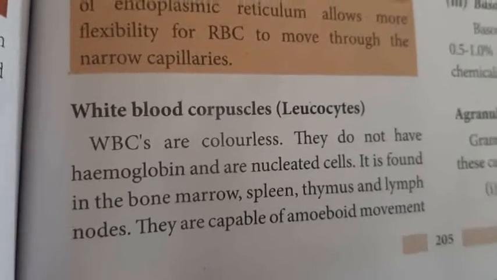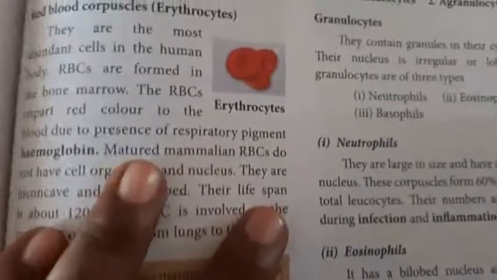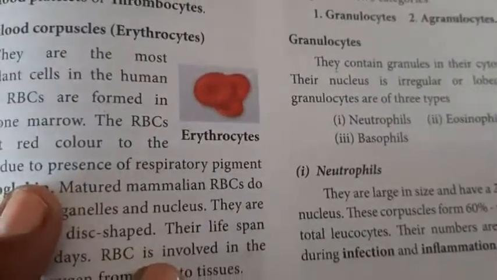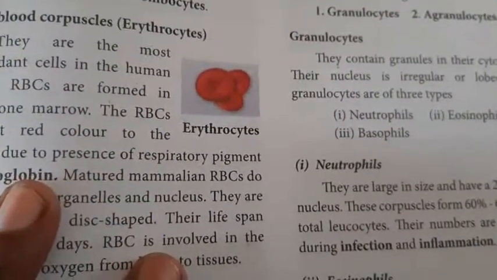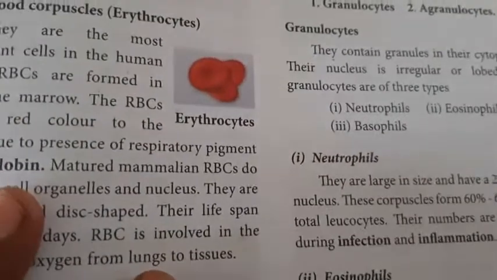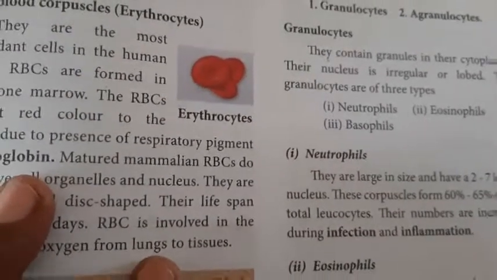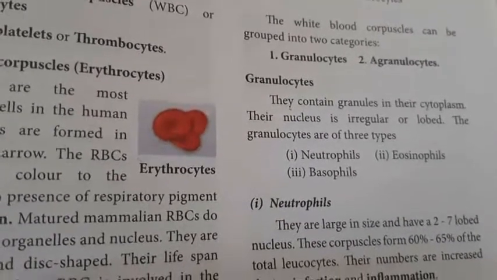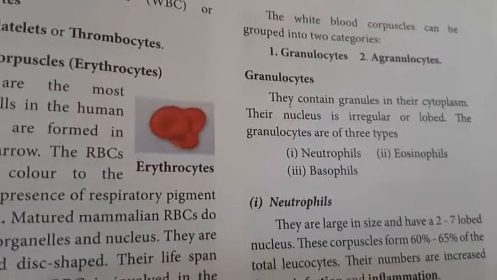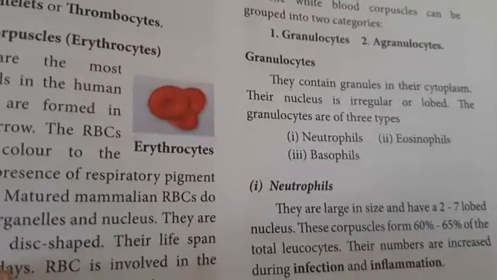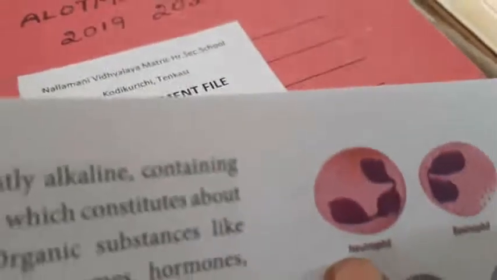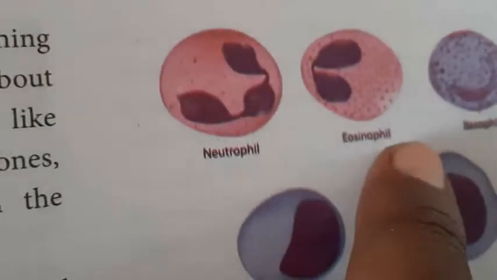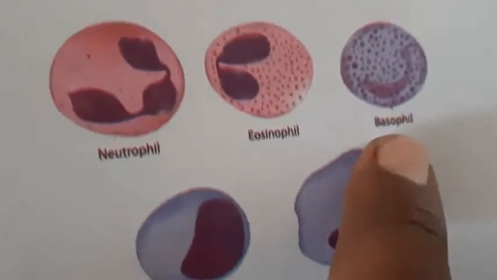White blood corpuscles can be grouped into two categories. The first one is granulocytes, and the second one is agranulocytes. Granulocytes contain granules in the cytoplasm and a nucleus in irregular or lobed shape. The granulocytes are of three types: neutrophils, eosinophils, and basophils.